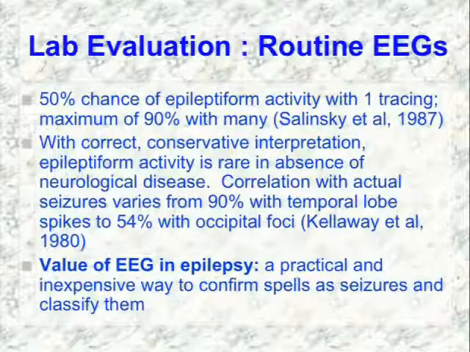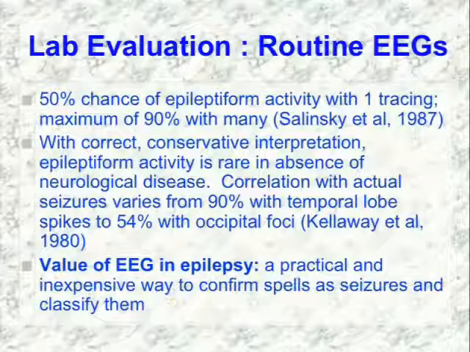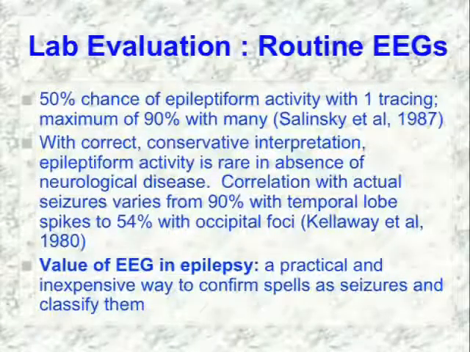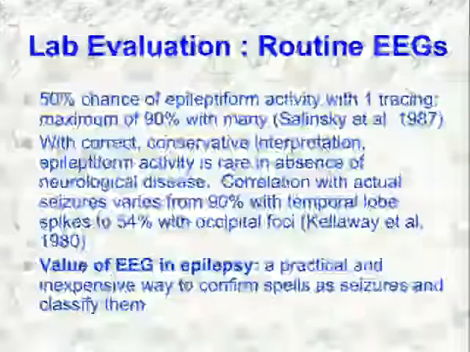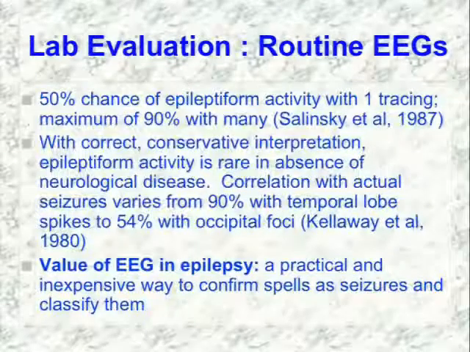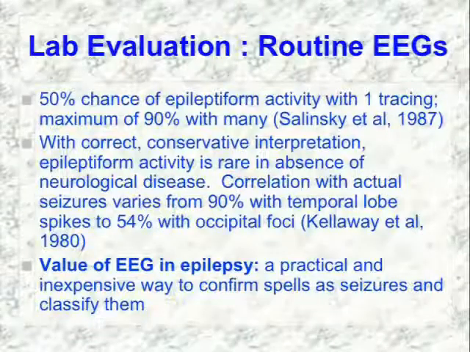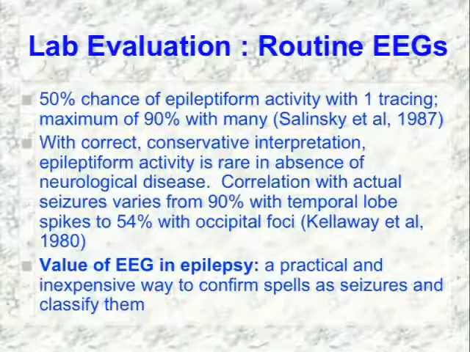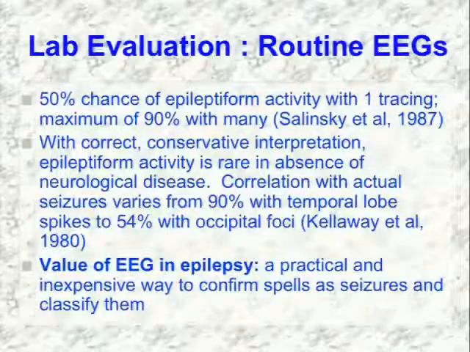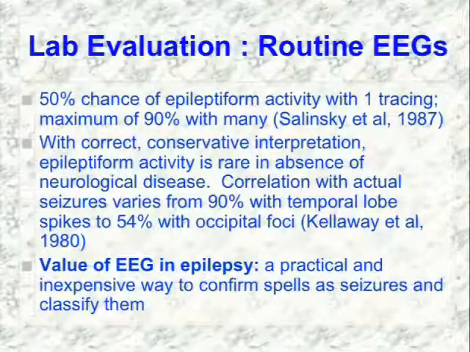And if somebody is neurologically normal and has episodes of alteration of consciousness, for example, an epileptiform EEG is a very good confirmation that they have seizures. So this is a very easy, practical, and, as medical tests go, inexpensive way to confirm that somebody has seizures and classify the seizures.